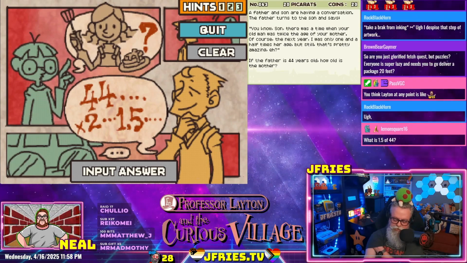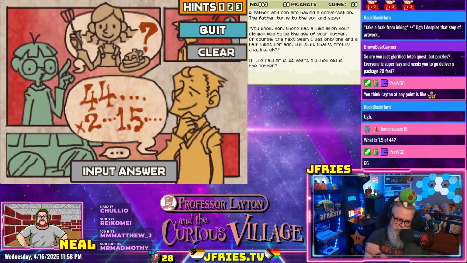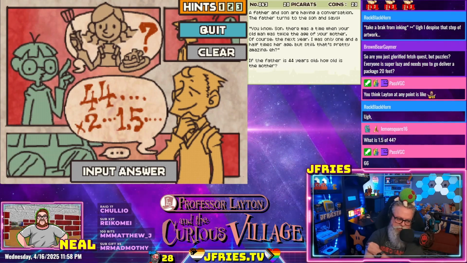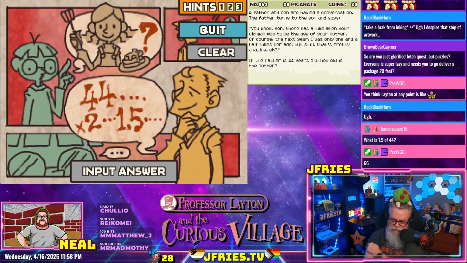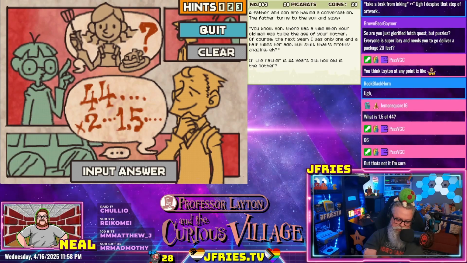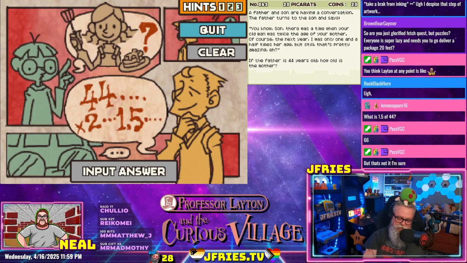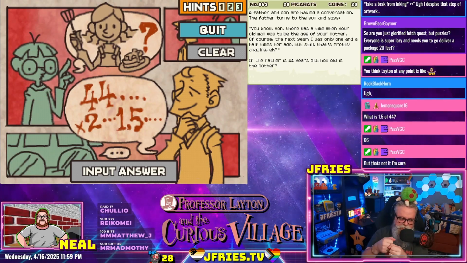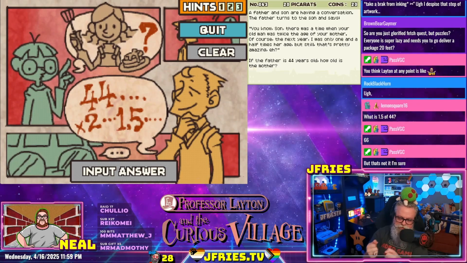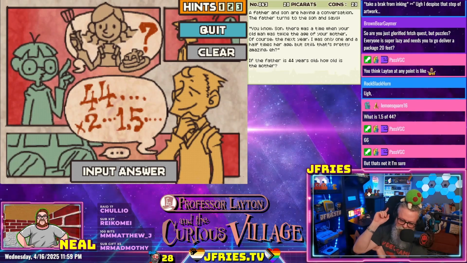You'd want to say 44 divided by 1.5. 29. That doesn't make any sense. I don't know how you could be 1.5 times and then the next year be twice as much. That makes no sense. So this has to be a word problem.